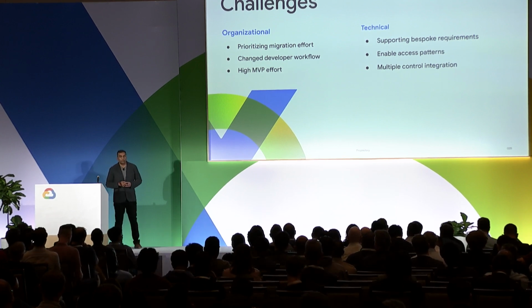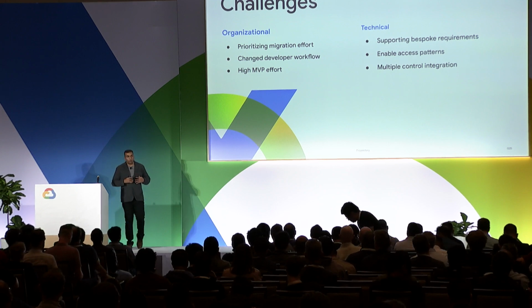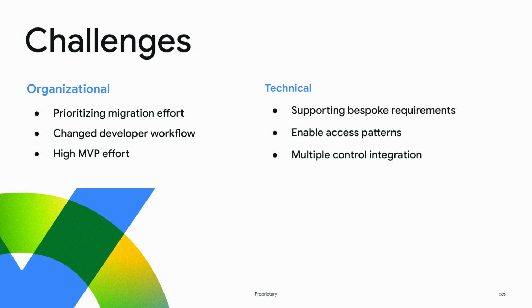Now we'll move to some of the technical challenges. One of the things we had in mind right from the beginning, as I emphasized a few times about multi-cloud, was to avoid any leaky abstractions as we design and implement this platform.